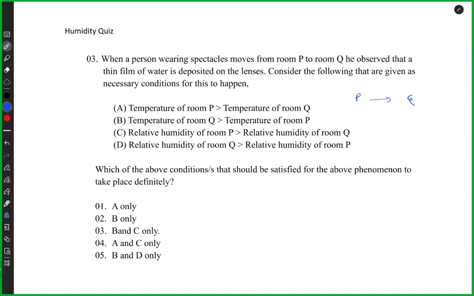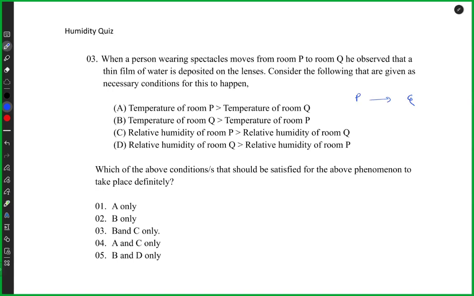Because the dew point in the room with the higher temperature is greater. So then what happens? The temperature of the spectacles is going to be less than the dew point of the hot room. Then what's going to happen? Then water vapor is surely going to condense. Because when the temperature of the water goes below what? Goes below the dew point, it is definitely going to condense.